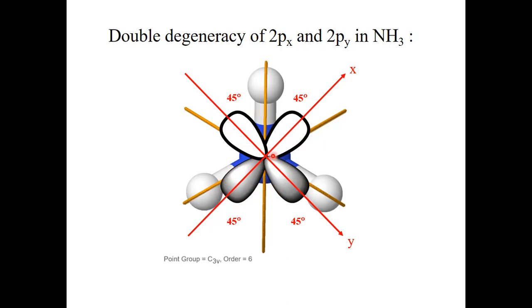So we have converted the px orbital into the position of the py orbital, and we have converted the py orbital into the position of the px orbital. So in this way we have proven that these two orbitals are doubly degenerate in the point group C3v. You see, it was not straightforward. In order to prove this, it's much easier to look into the character table, and therefore character tables are of such great use in chemistry.